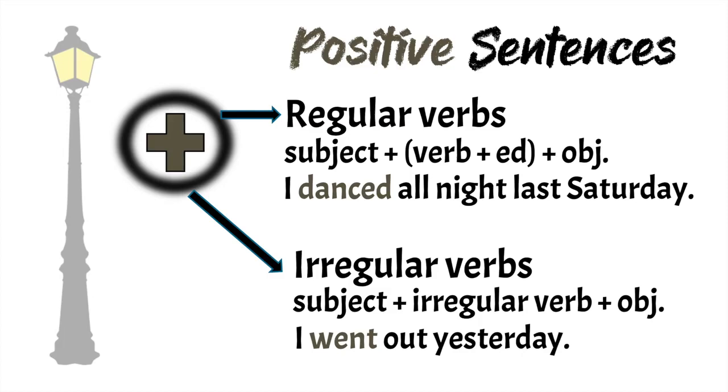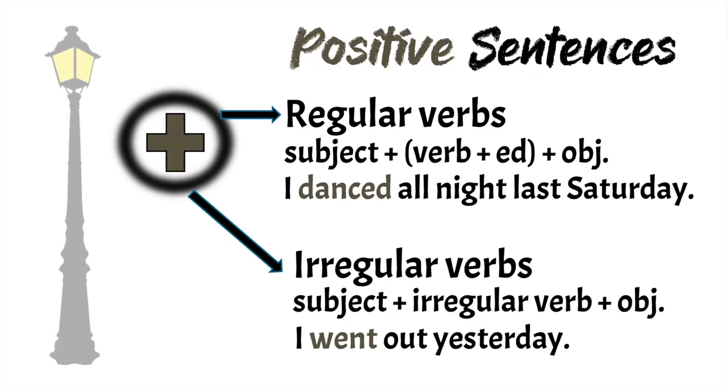Well, positive sentences have regular or irregular verbs. Okay, so we have the subject for regular verbs plus verb plus ed because it's a regular verb plus object. For example, I danced all night last Saturday.